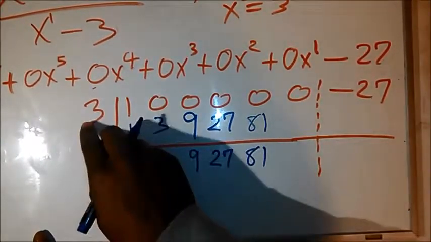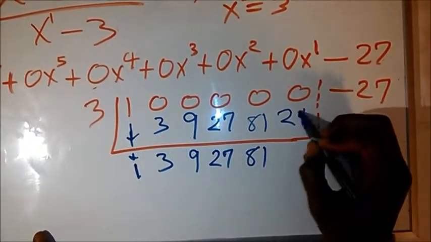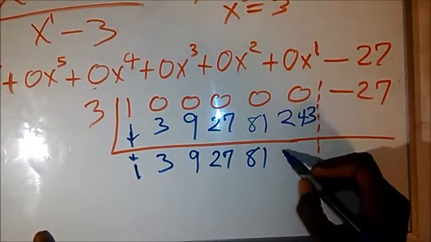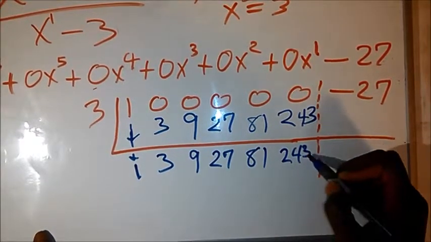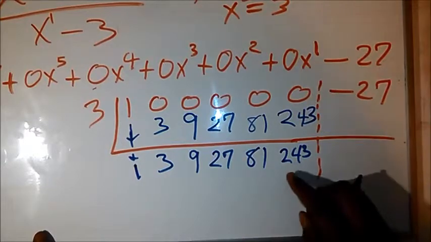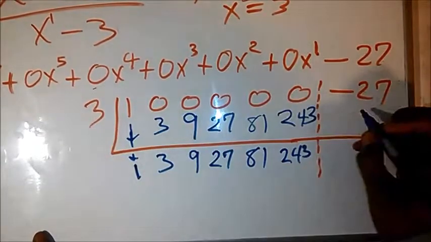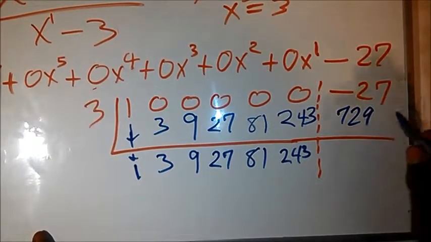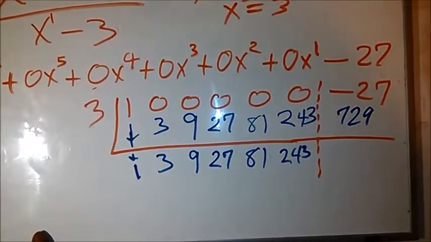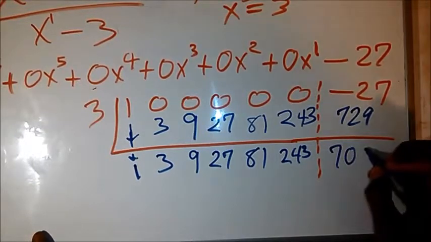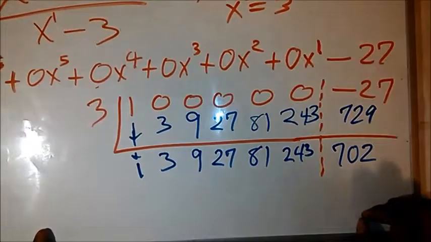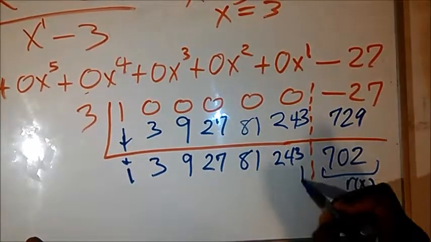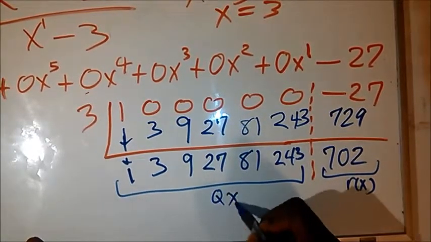And 81 times 3 is going to be 243. 243 plus 0 is 243. 243 times 3 is 729. 729 minus 27 is 702. So this is our remainder here. This is our answer here, q of x.